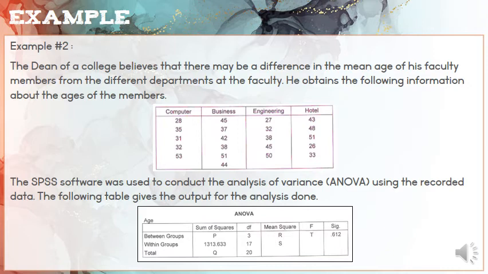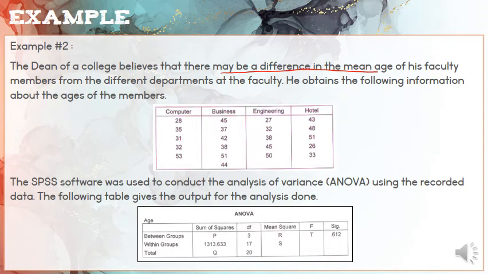Okay, so now let's move on to example number 2. So it says here, the dean of a college believes that there may be a difference in the mean age of his faculty members.